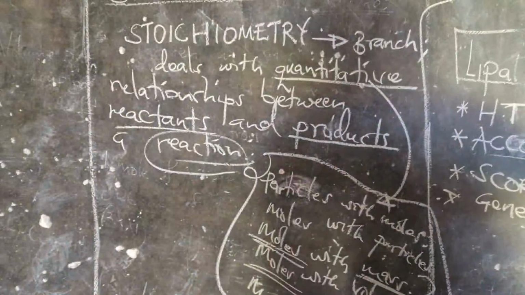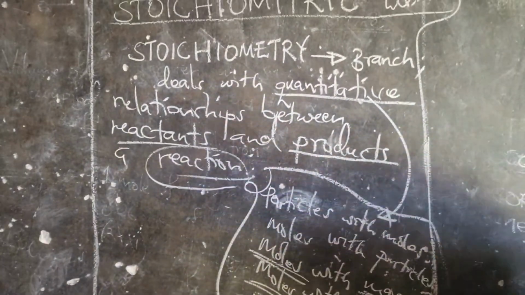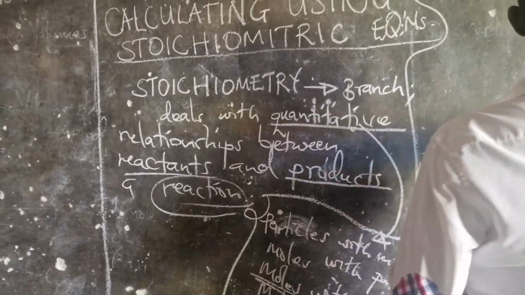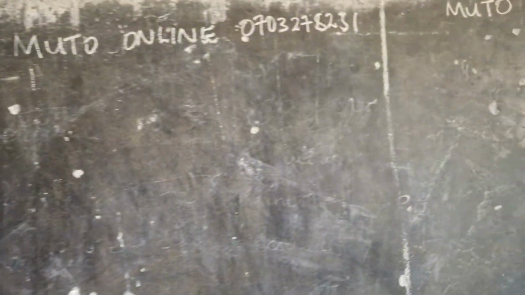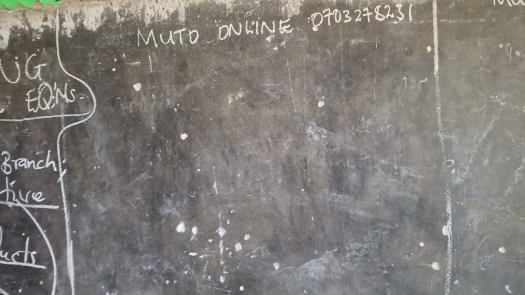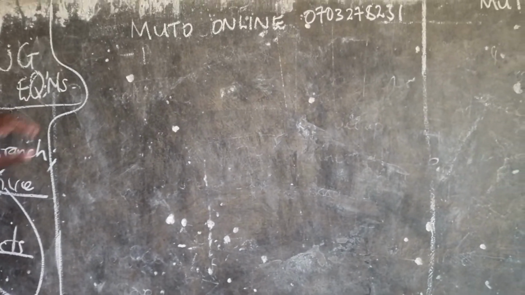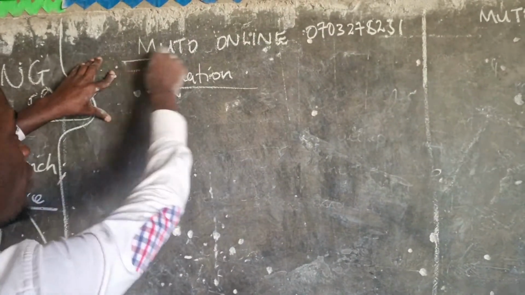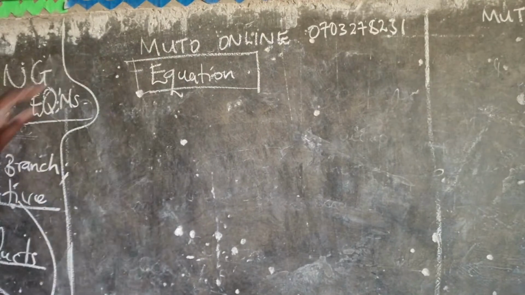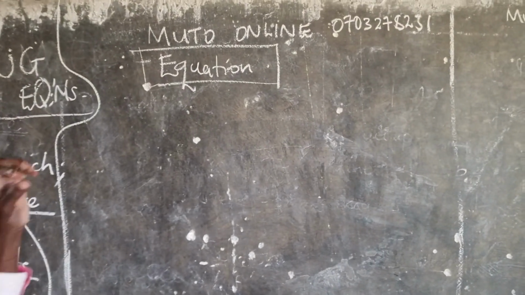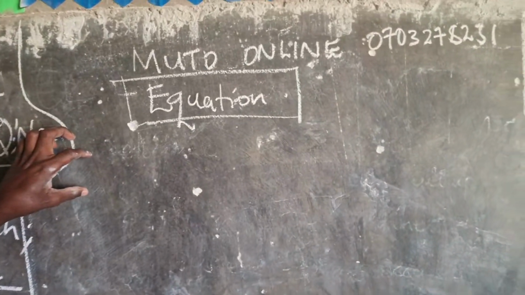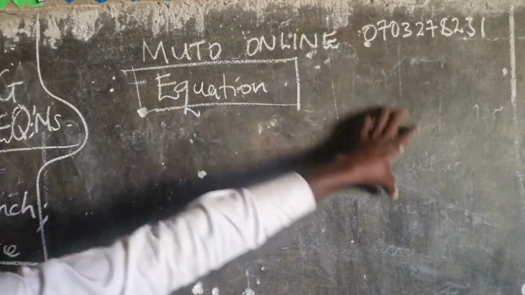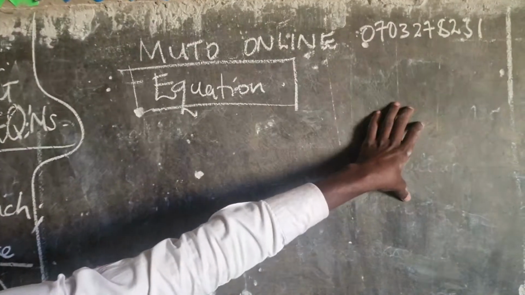To cut the story short, I know many of us hear this word equation. An equation is simply a representation of how certain species we call reactants, under certain conditions, become certain species we call products.